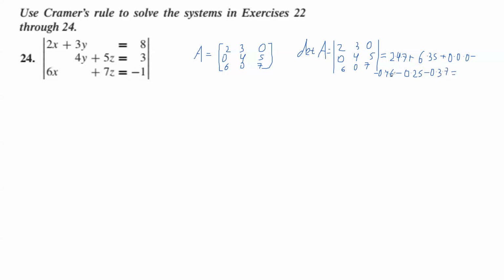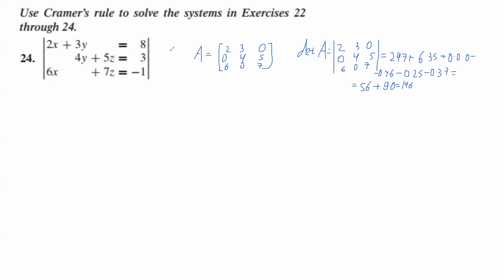So we have only two meaningful components. 2 times 4 is 8, 8 times 7 is 56. And then we have 6 times 3 times 5. 3 times 5 is 15, 15 times 6 is 90. And the sum is 146.